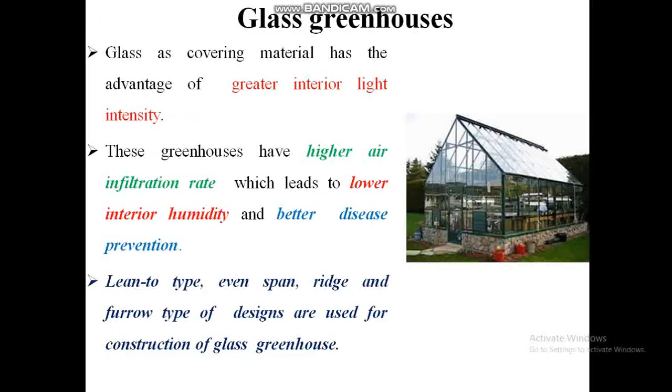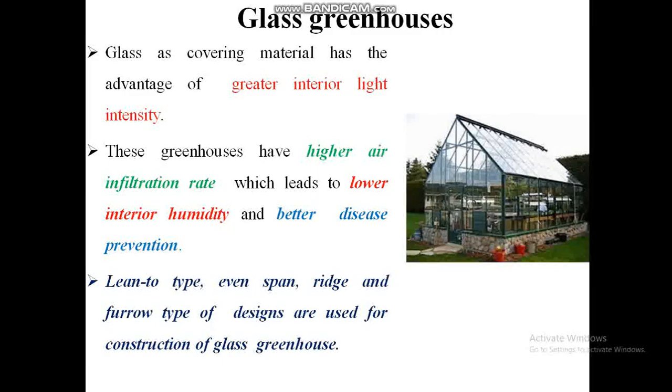Now, glass greenhouse. Glass greenhouse covering material has the advantage of greater interior light. त्यहाँभित्र चाहिँ सनराइजहरू आएर भित्र नै रिफ्लेक्सन भएर टेम्परेचर बढाइदिन्छ. So greater interior light intensity.